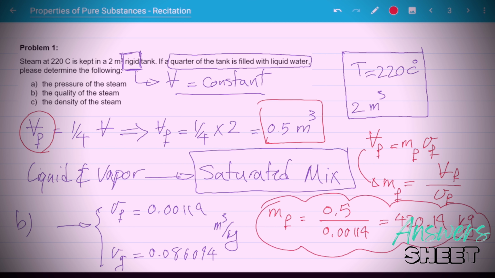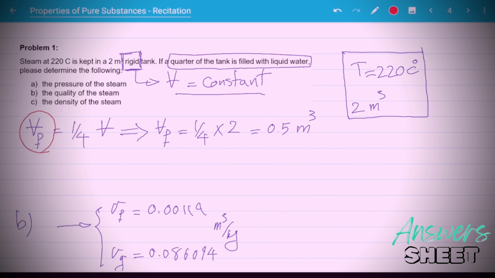Now, how about the mass of vapor? 0.5 meters cubed of this tank is filled with liquid. The rest is filled with vapor, right? So the volume that the vapor is taking is equal to 2 meters cubed minus 0.5 meters cubed, which is 1.5 meters cubed.